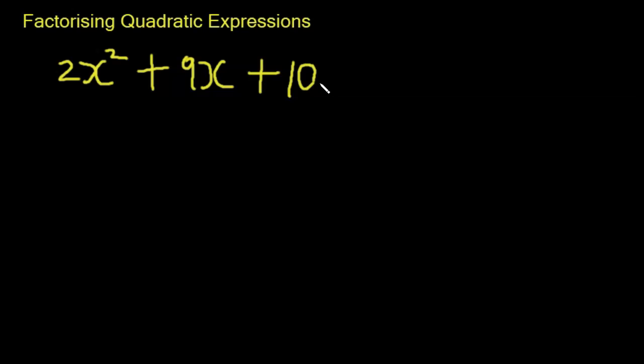Now, when factorizing these expressions, we first need to split the middle term. And by splitting, we need to rewrite the middle term. Rewrite is a better term than splitting. So we need to rewrite 9x using 2 numbers. But remember, an infinite amount of numbers can add or subtract to give 9x.